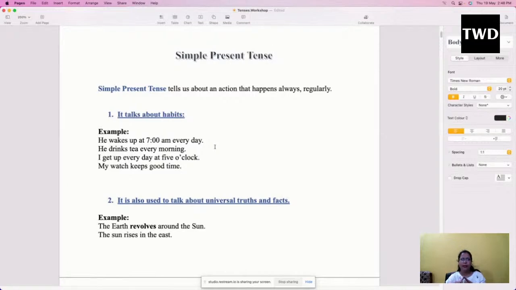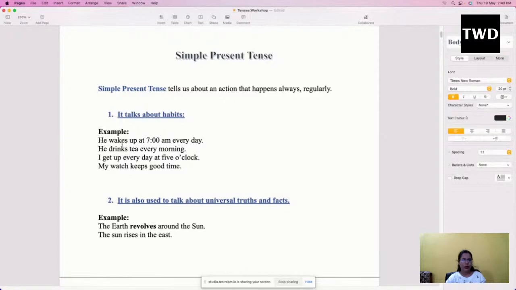Yes, like am, is, are, was, were, will, have, has, had, all these helping verbs are not required when we are framing sentences under simple present tense, because we want to show that these actions are happening daily. That's why we don't have any helping verbs in between. We have the subject and directly we have the main verb.